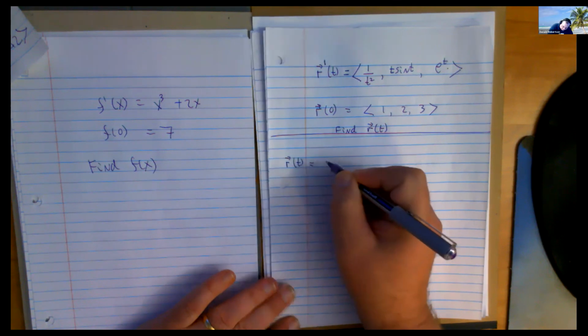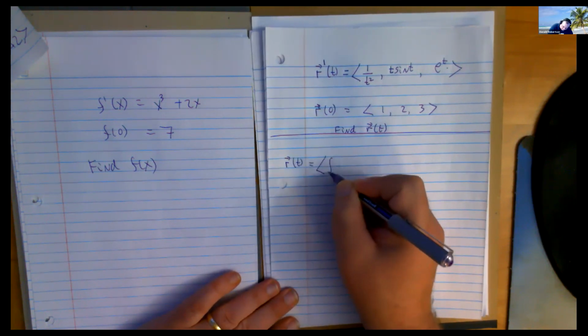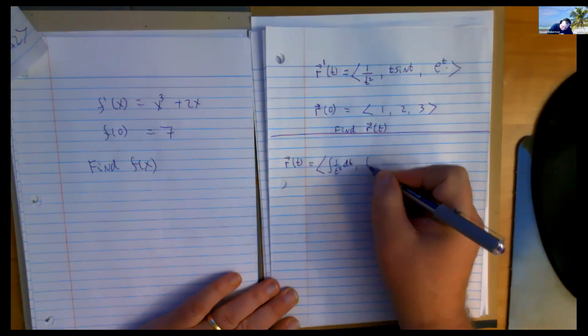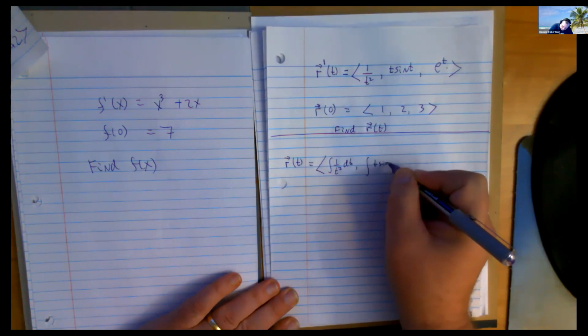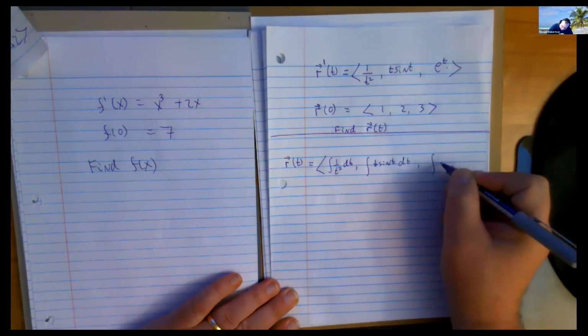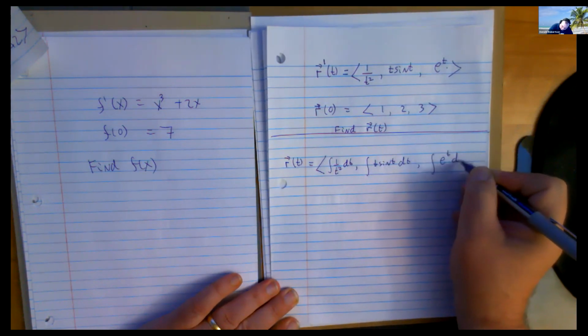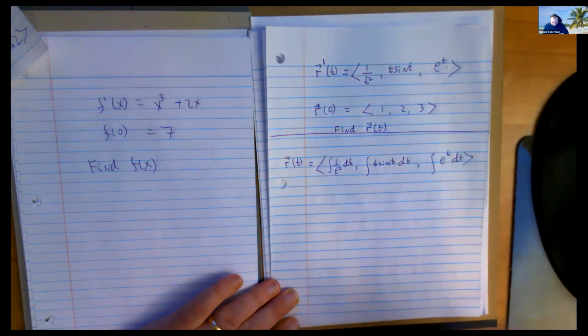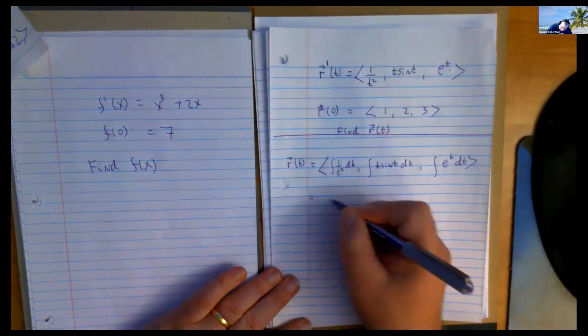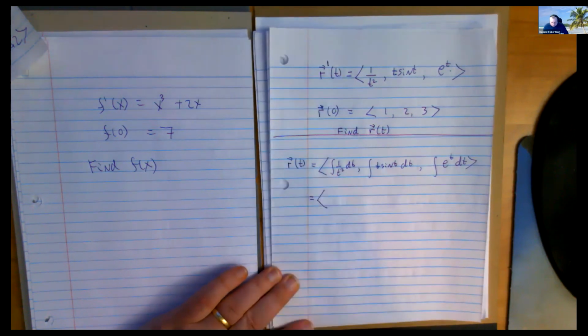So we are going to have to integrate 1 over t squared, integrate t sine t, and integrate e to the t. Let's see if I can do these relatively quickly.